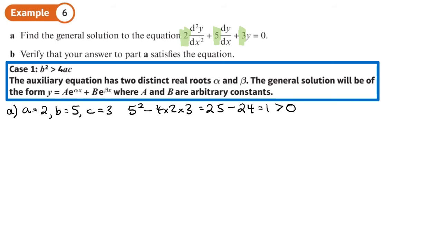So I know my solution will be of this form: y equals a e to the alpha x plus b e to the beta x.